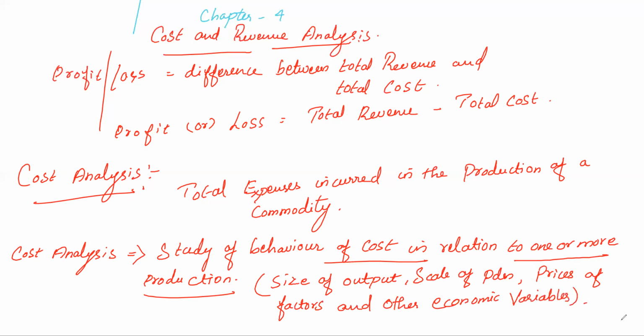All of these come under it. That's all. Okay, so next one, the functional relationship between cost and output is expressed as the cost function.